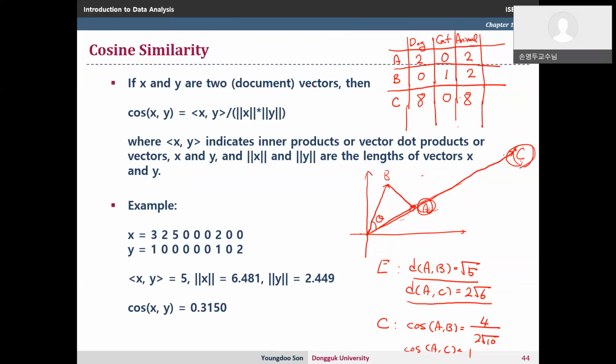Okay. This cosine similarity is really extensively used in the machine learning society. So please remember the concept of cosine similarity and when it can be applied.